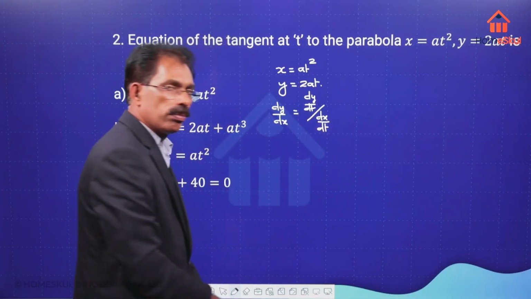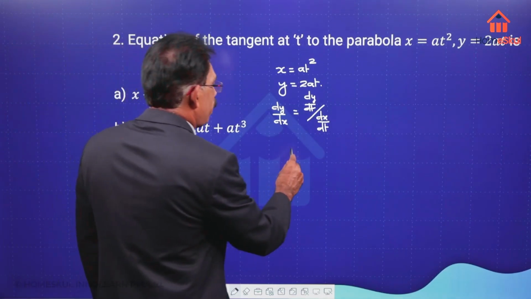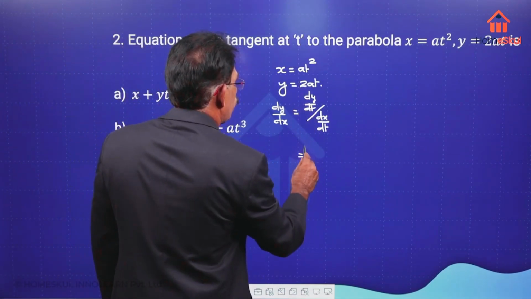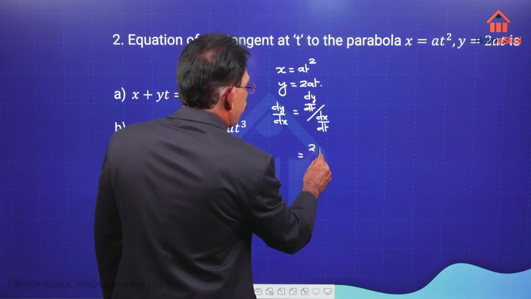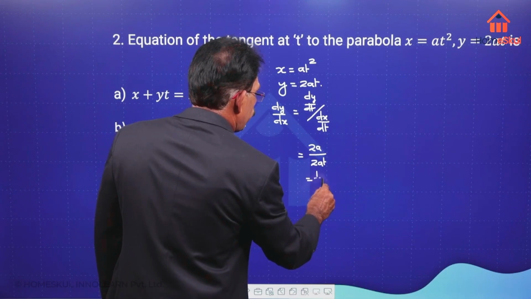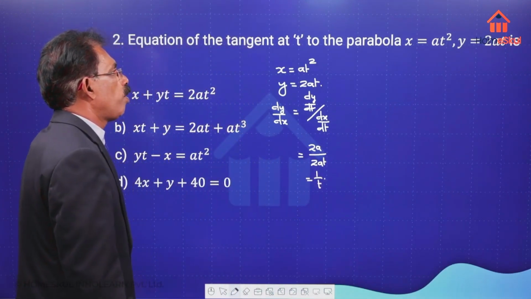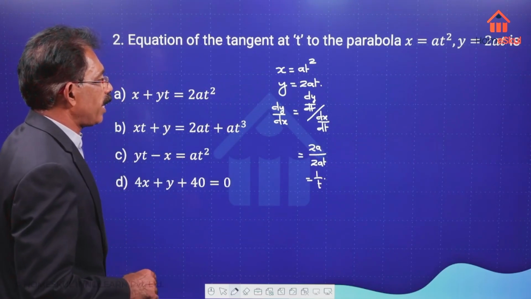So dy by dt is 2a, divided by dx by dt, 2at. So this is equal to 1 by t. 1 by t is the slope of the tangent.